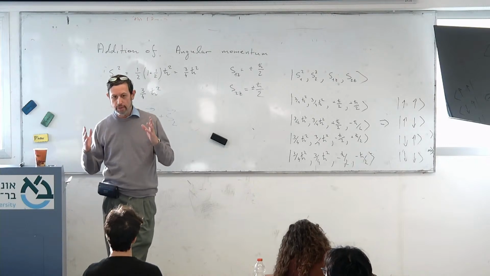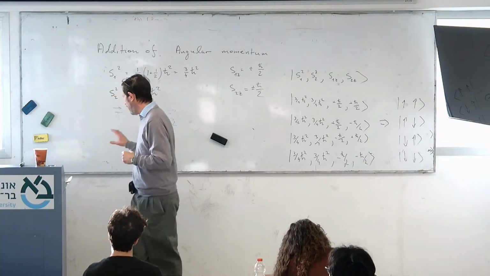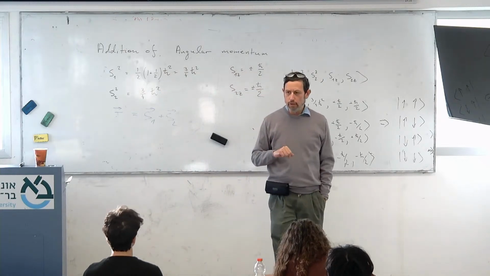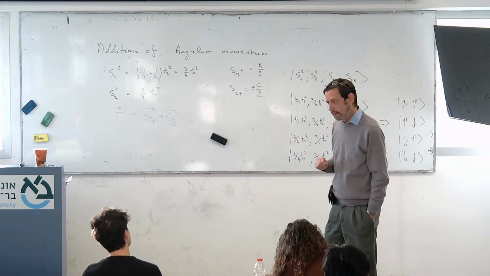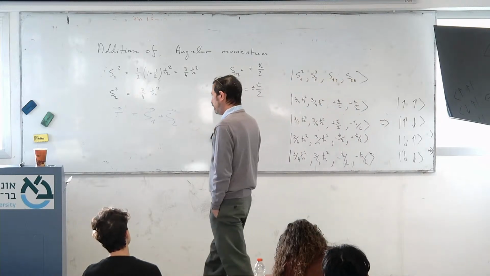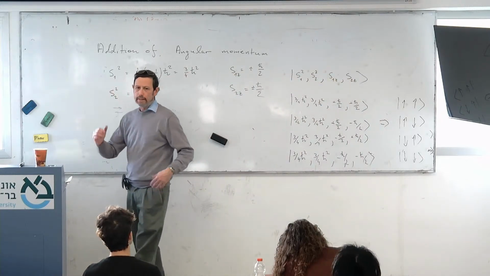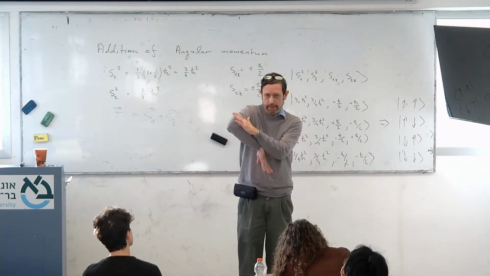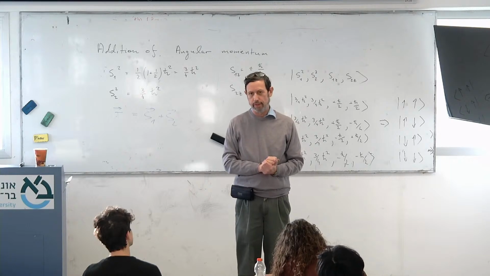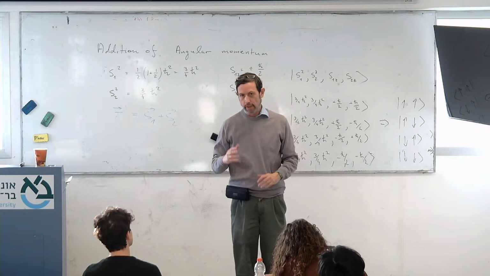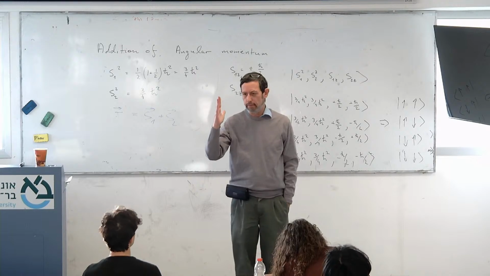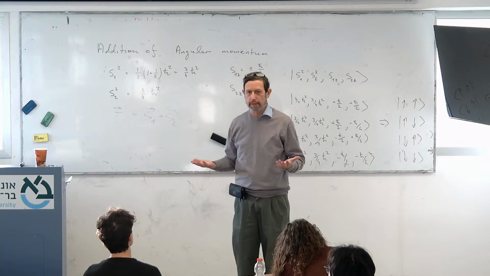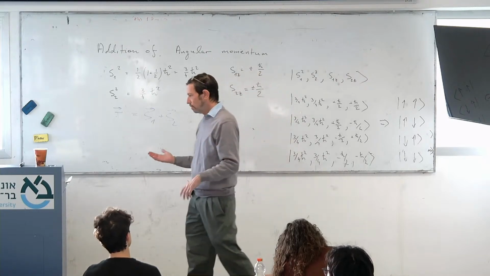So how do I have here 4 states? Let's look at the 2 limiting cases. One is that S1 and S2 are in the same direction, the other is that they are in the opposite direction. Okay, if the 2 of them are in opposite directions, what will be the total spin? 0.